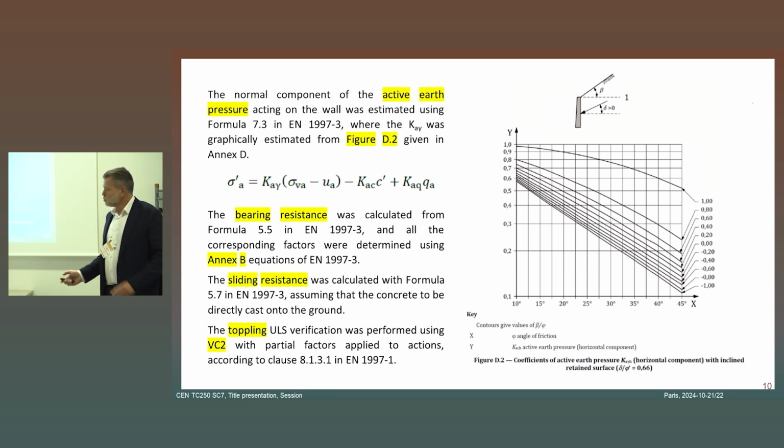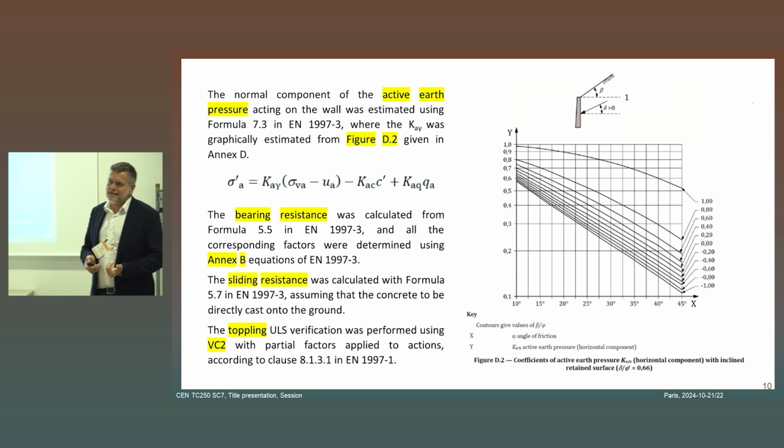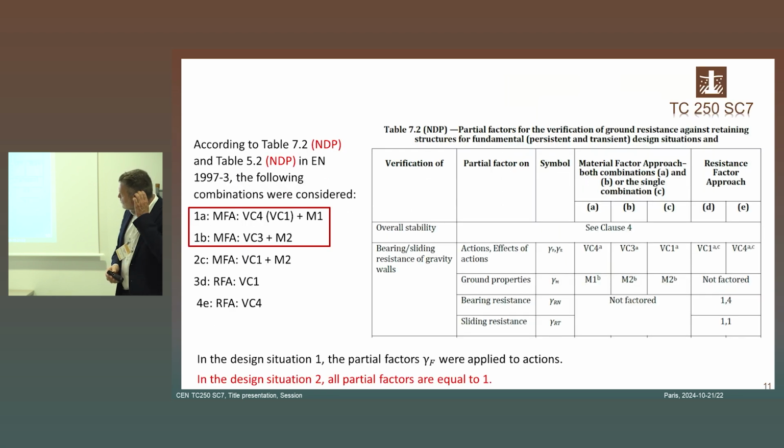Toppling was verified according to the prescription of part 1 and also of Eurocode 0. One aspect is important, and I will be back on this: in reality toppling is not a failure mode that we expect in this condition, but for completeness of the example we had also reported the calculation.